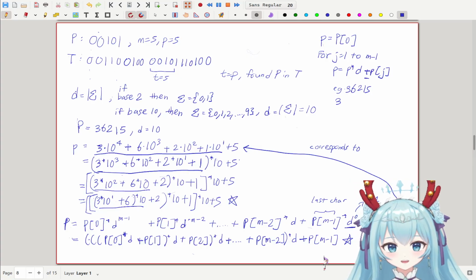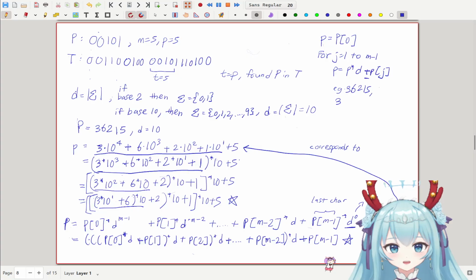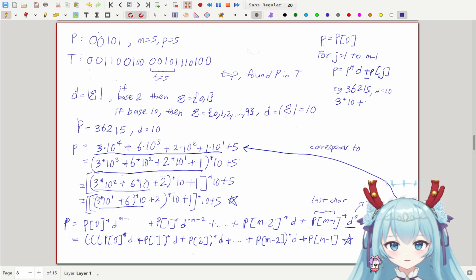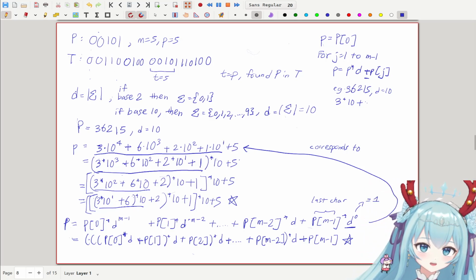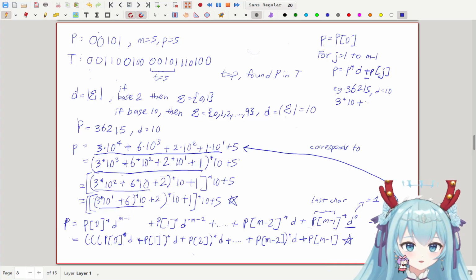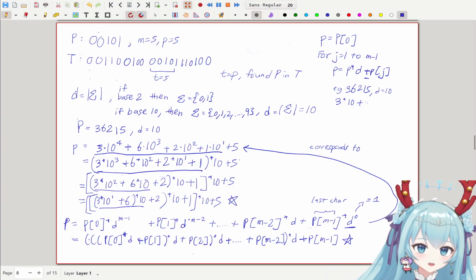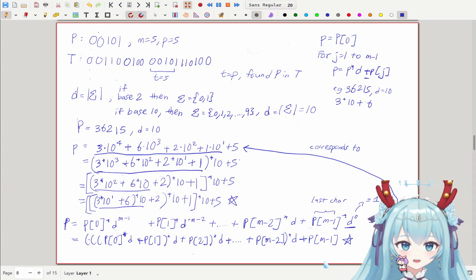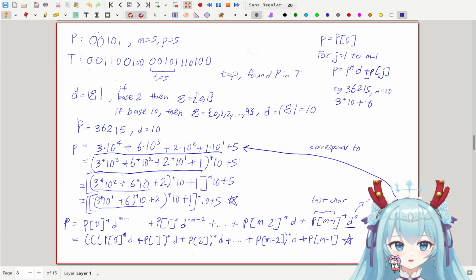In this case, D equals 10. So 3 times 10, and then we'll plus 6 for the first loop.